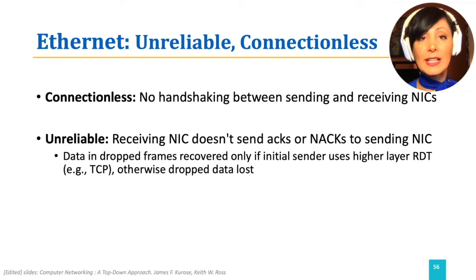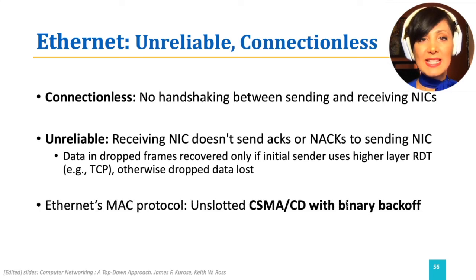If higher layer reliable data transfer is used, the contents missed due to dropped frames could be resent using upper layer mechanisms. Otherwise, the data within the dropped frame is lost. Ethernet uses CSMA/CD with binary backoff that we previously discussed.